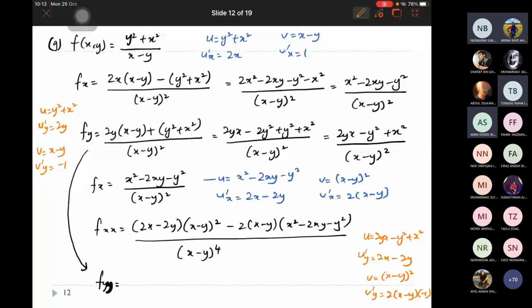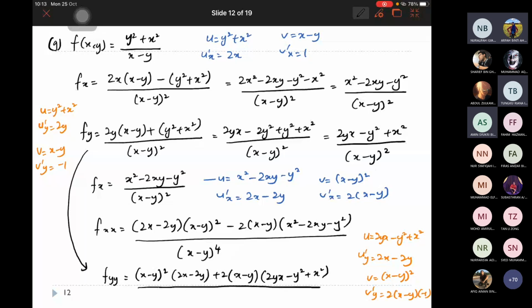Okay. f_yy. So v u prime, this one, (x minus y) squared times (2x minus 2y), plus 2 times (x minus y) times (2yx minus y squared plus x squared) over (x minus y) to the power 4. So we get, that is your f_yy.